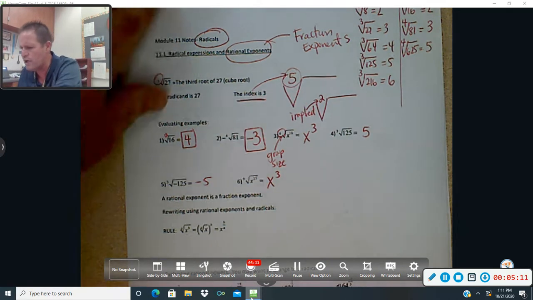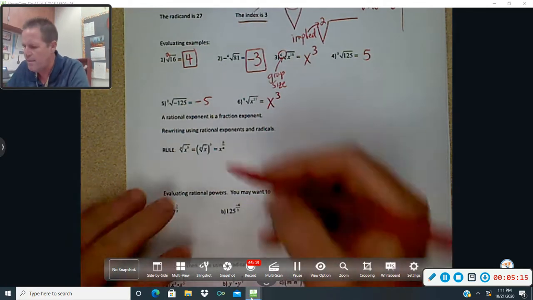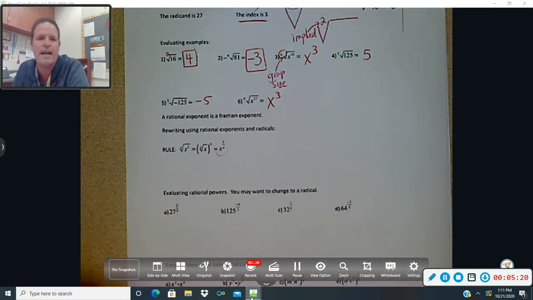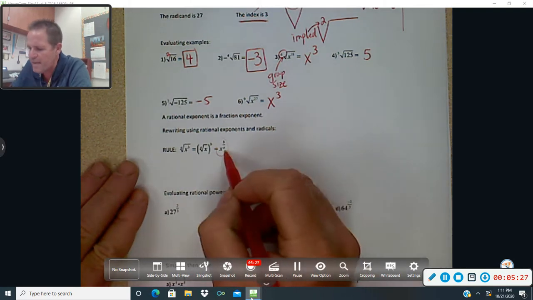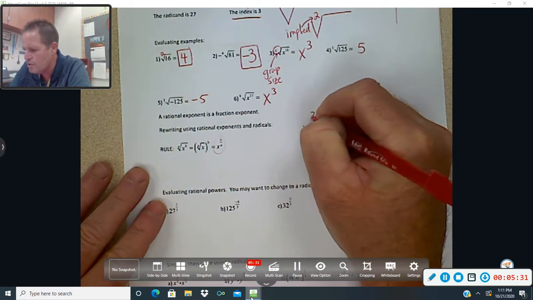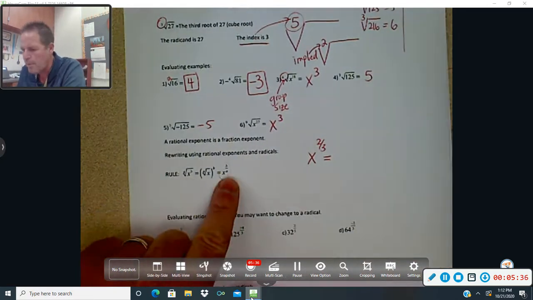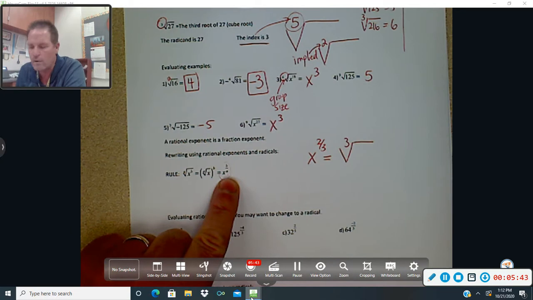One of the main things we're trying to do today is we're trying to understand that a rational exponent, a fraction exponent, is the same thing as a radical. Okay, so this is very, very important that you understand this. Okay, that when I have a fraction exponent, let's say, for example, x to the 2/3. Based on this rule, the bottom of the fraction, the denominator, is the index for the radical.